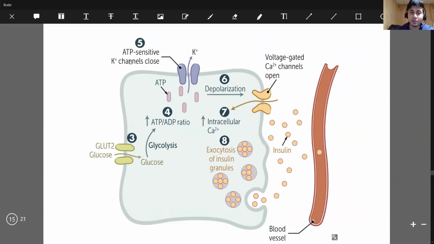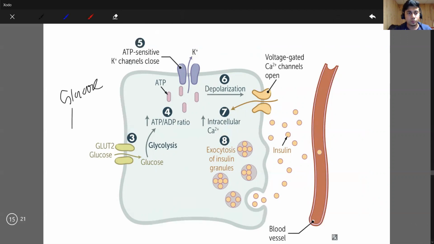Following this step, eventually there will be conversion of glucose to pyruvate, and this pyruvate will take part in the Krebs cycle or TCA cycle to generate ATP, right? Also, we discussed the enzyme that works here for glucose to glucose 6 phosphate. This conversion requires an enzyme, and that enzyme name is hexokinase.